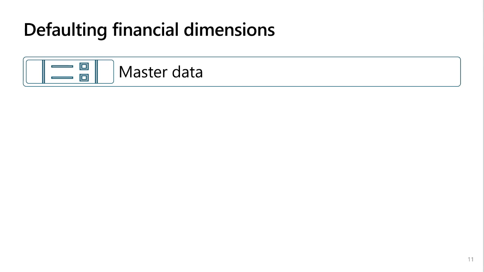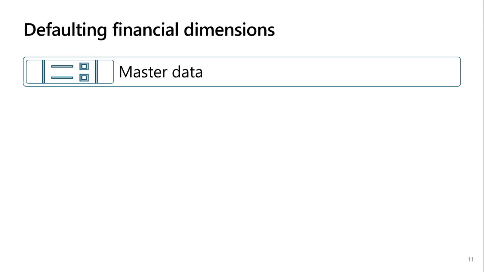Depending on your business requirements, the defaulting mechanisms available with Dynamics 365 Finance can significantly improve or degrade the user experience when you're entering and processing transactions. There are several ways that defaulting can be configured in the system, so let's quickly review each.